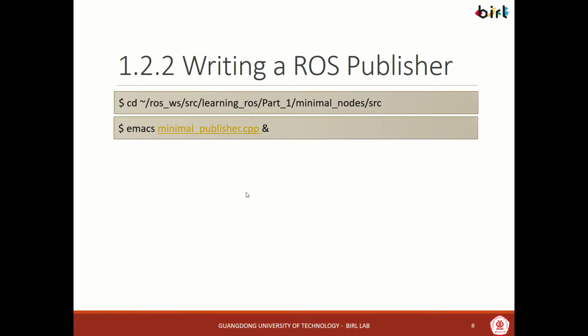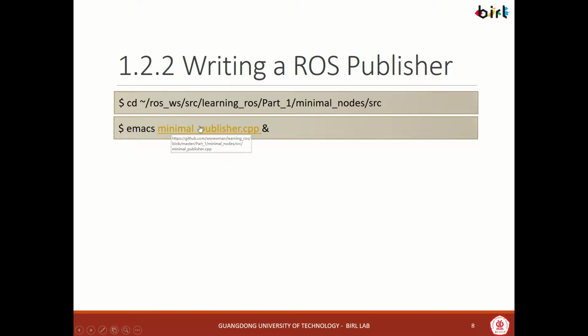Okay, if you have properly installed the code in the book, we're going to be able to change to this directory, Learning ROS Part 1, Minimal Nodes source file. Within this location, we're going to be able to find a CPP file called minimal publisher.